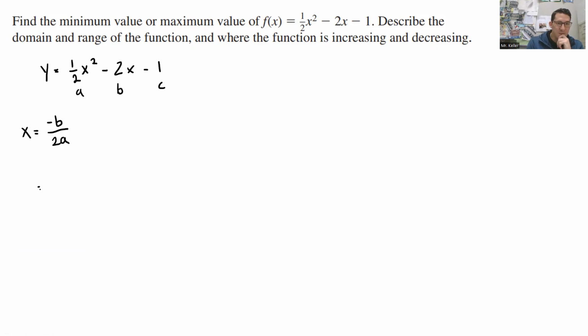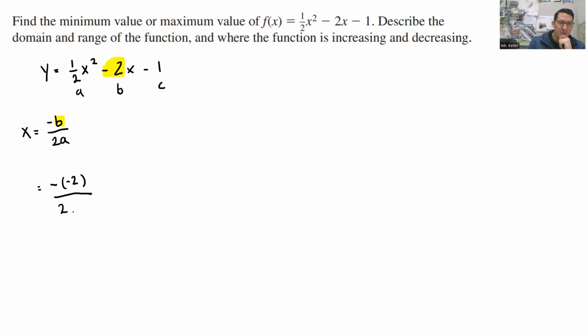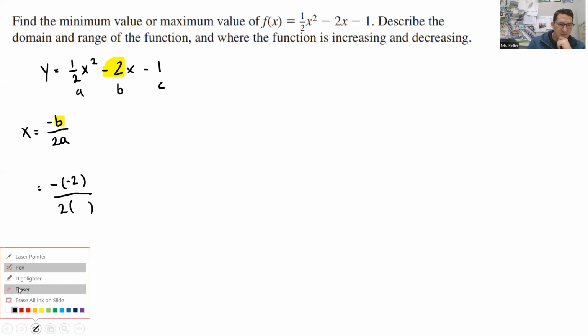So for this x value, it's going to be negative b. And when we put in this negative here, this negative belongs to the 2. So our b value is negative 2. So it's going to be a negative, negative 2. And then the a value comes from what's in front there.